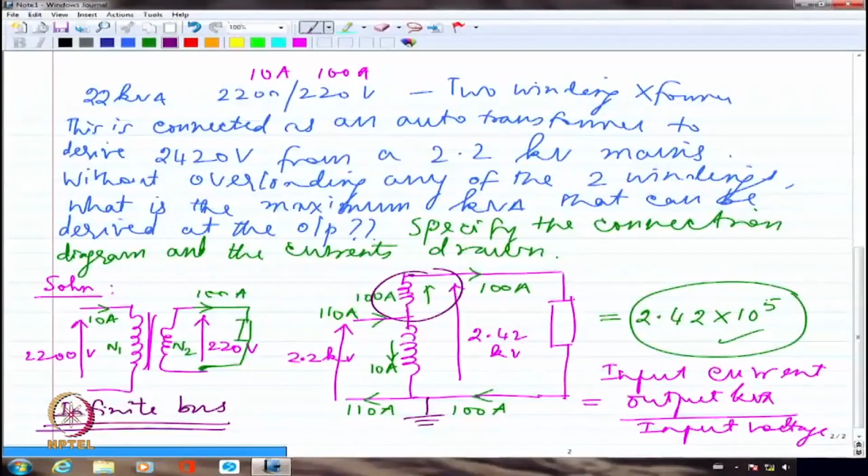It is not infinite. But when we talk about the source, we normally talk about the power grid, which has infinite capacity. So the inherent assumption is this 2.2 kilovolt source will be able to supply 110 amperes. That goes without saying. If it is only rated for 10 ampere and I try to draw 110 amperes, the whole thing will burn. No doubt. So we normally go with the assumption of infinite bus.